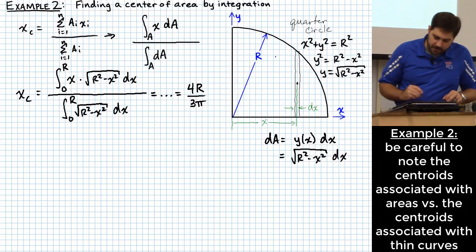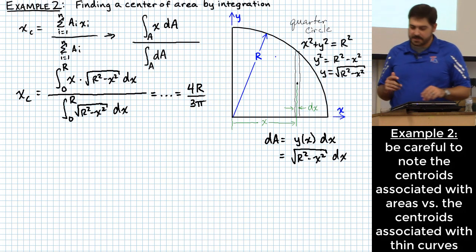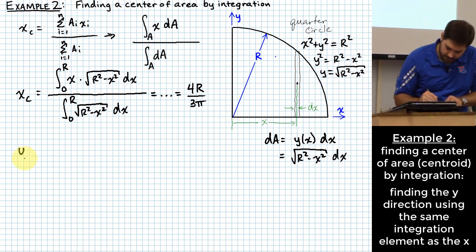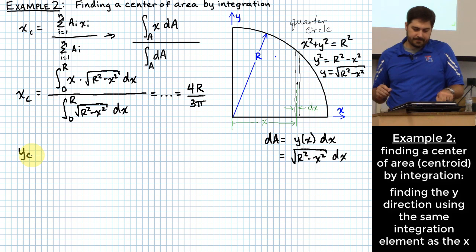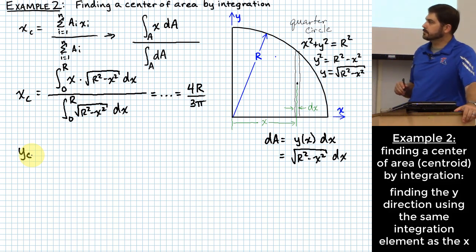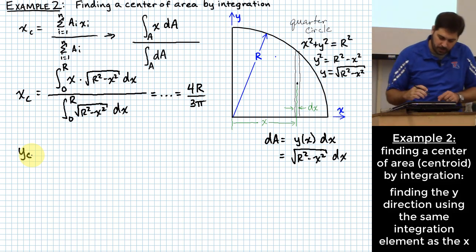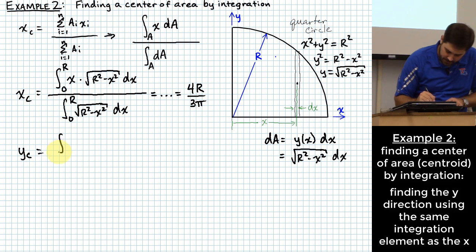All right. Let me show you one other thing with respect to finding these centroids of these areas. What if I wanted to figure out my Y centroid? Now, we can use the exact same picture with the exact same logic. The only difference is that the original equation, if we were looking in the Y, would be the integral over the area of y dA over the integral over the area of dA.